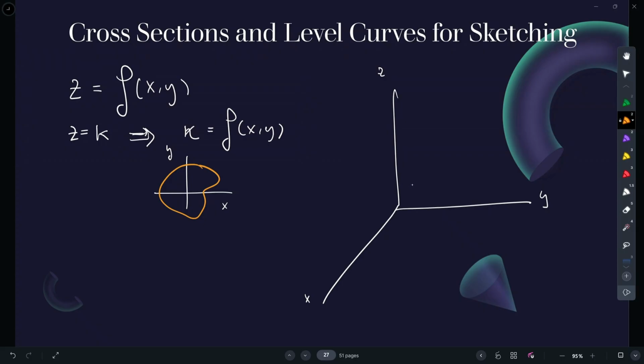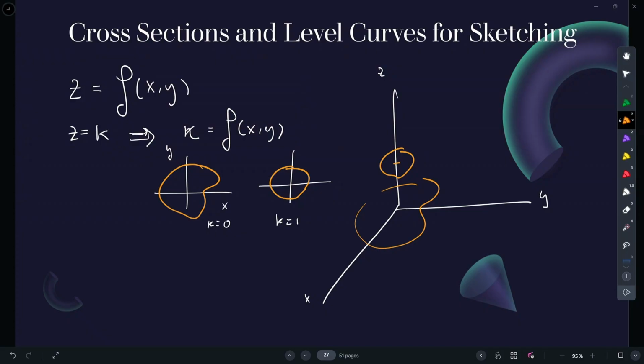And that's just going to tell me that the graph looks like this in the xy plane. As I move the k, if this was for k equals 0, that's the graph. For k equals 1, maybe it is going to be some other level curve. It's smaller like this, and that tells me that at level 1, that is the graph.